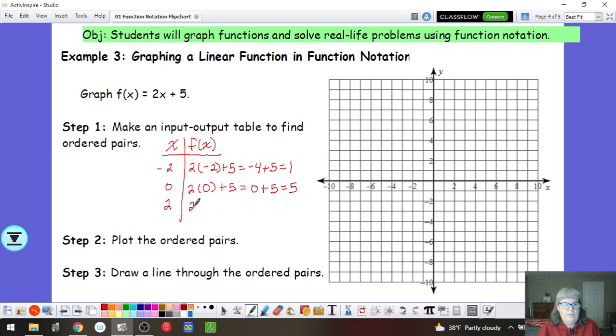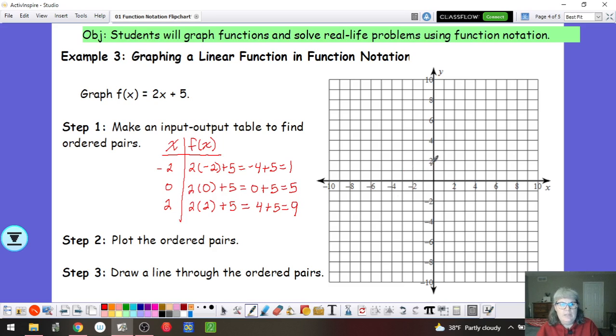And then evaluate when x is 2. 2 times 2 is positive 4, plus 5 gives us 9. So now we have 3 ordered pairs. We have an input of negative 2 with an output of 1. 0 and 5, 2 and 9.